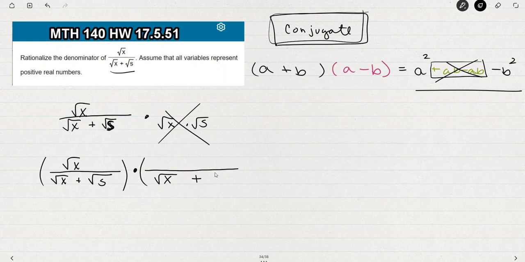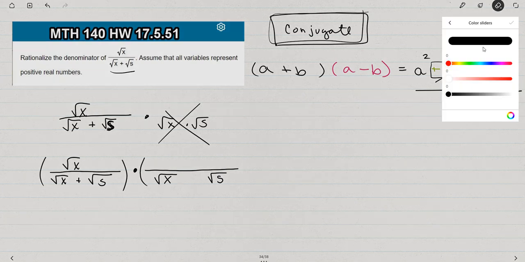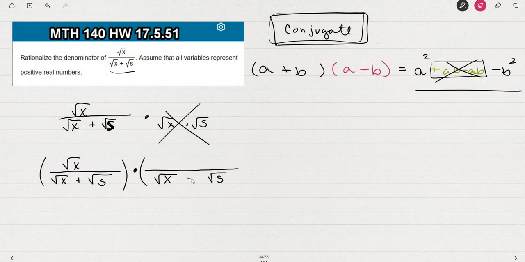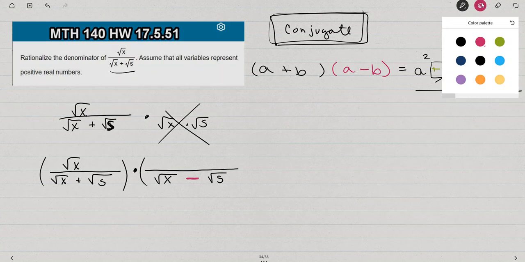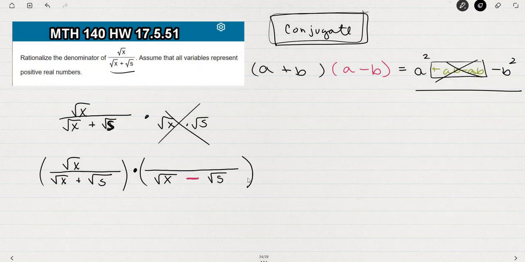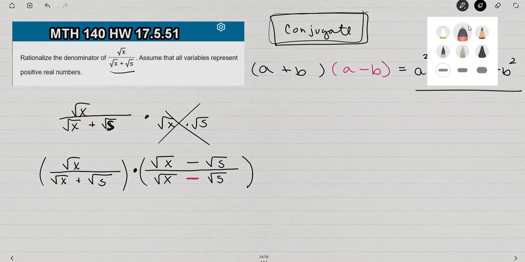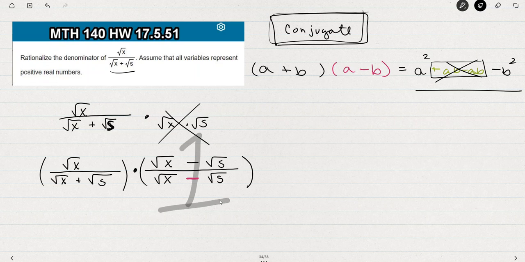Why am I multiplying by 1? Because 1 is a multiplicative identity, which means that when I multiply by 1, I don't change the value of the expression. And I'm going to use the 1 in the form of the square root of x minus the square root of s over the square root of x minus the square root of s. Do you see that that's really just a big 1?